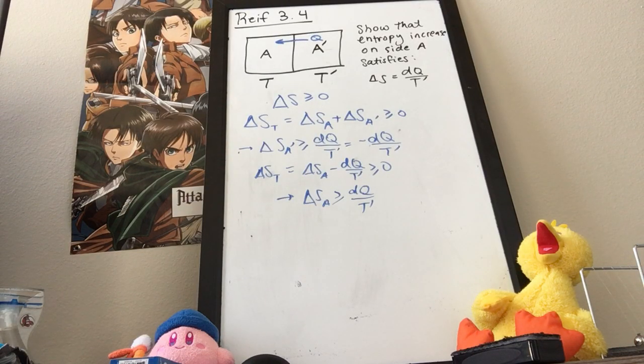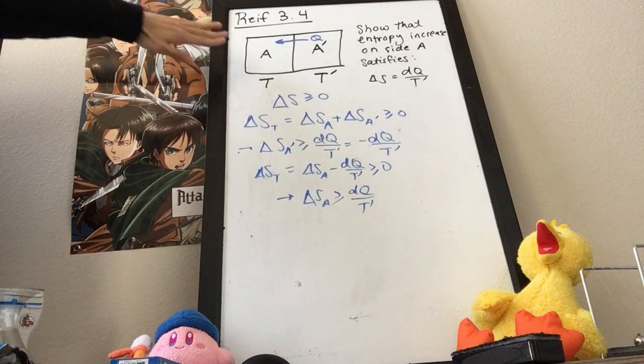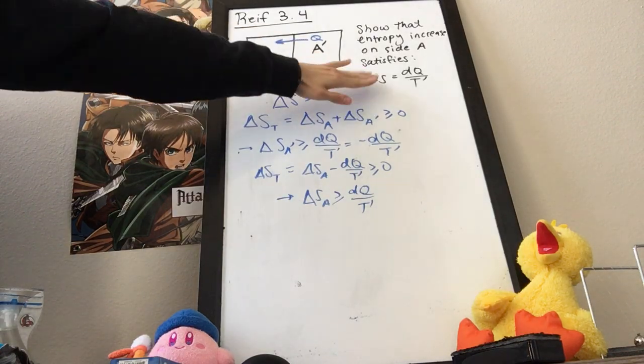And that's how I would show that the entropy increase on our side A here satisfies this relation.